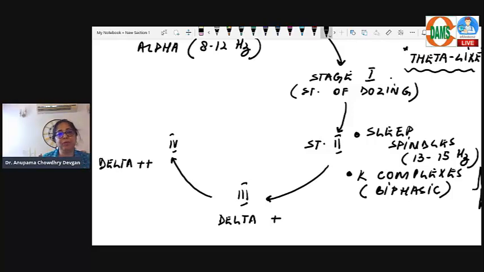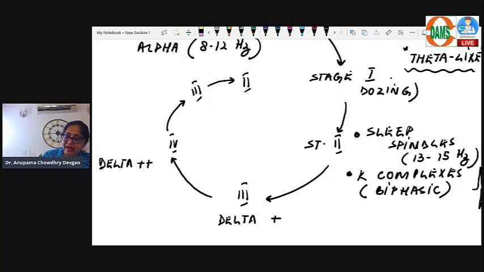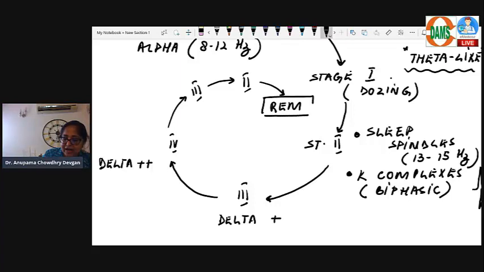Then he goes back into stage 3, then stage 2, a lighter stage of sleep. From 4, he goes back to 3, then 2, and then he goes into REM, rapid eye movement sleep.